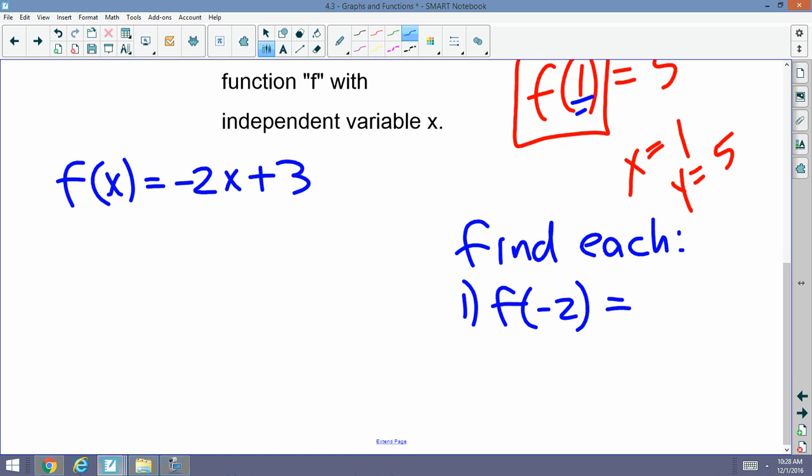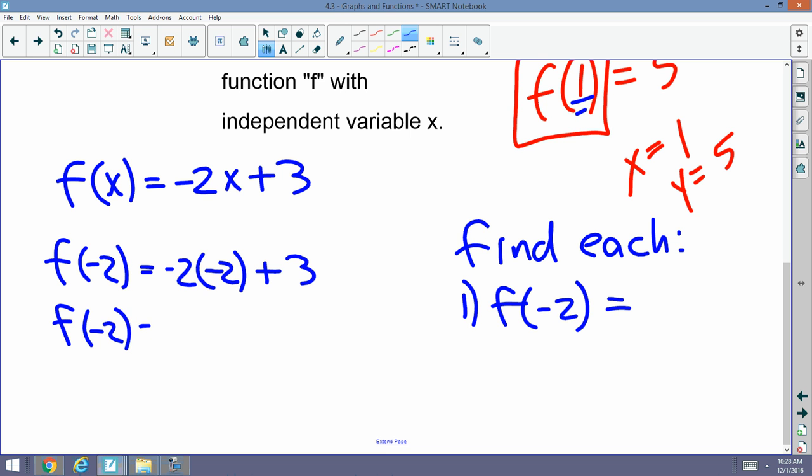I'm using function f, and what am I replacing the x in function f with? So f of negative 2 will equal negative 2 times negative 2 plus 3. So what does f of negative 2 equal? 7.